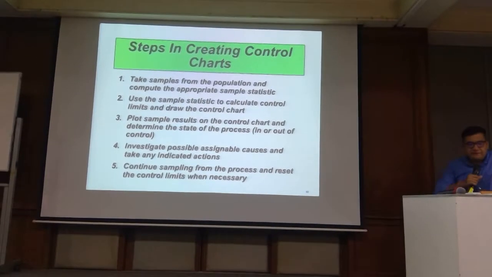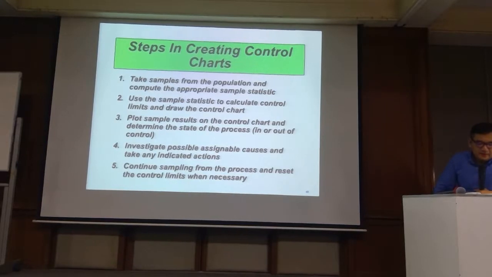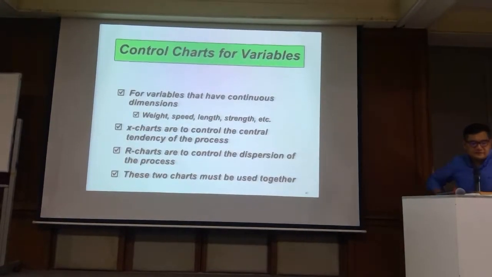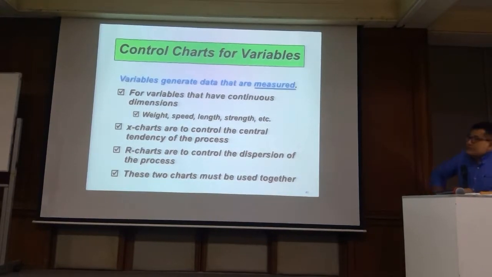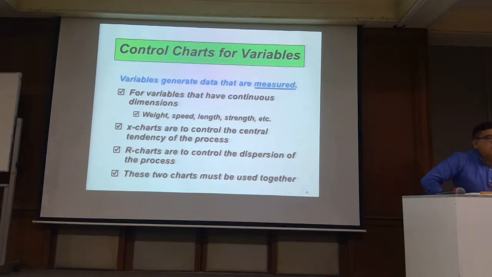Okay. So this is the step of creating the control chart. Actually, I already talked about this, so I'm going to start with this one. Let's start with the first control chart: the control chart for variable data. I told you that variable data is data that you can measure, right?